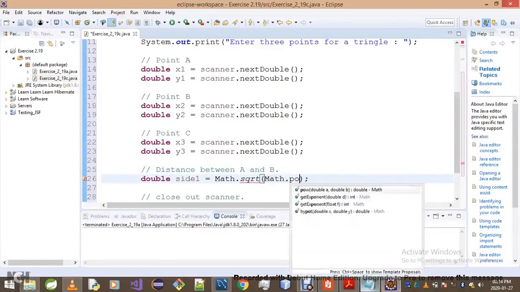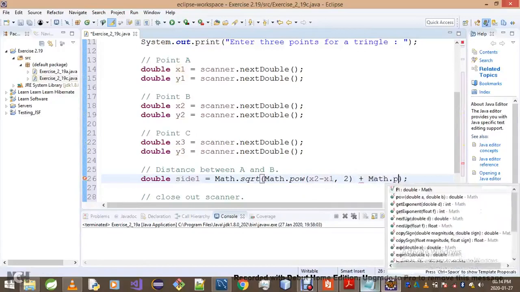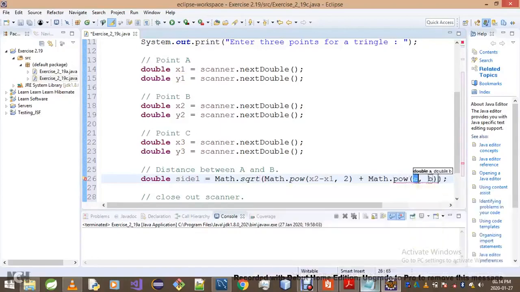This time around though, we will be using the Math.pow method, and right here we'll simply go x2 minus x1, and we put our exponent there, which is 2, and we simply add that to the y2 minus y1 part.